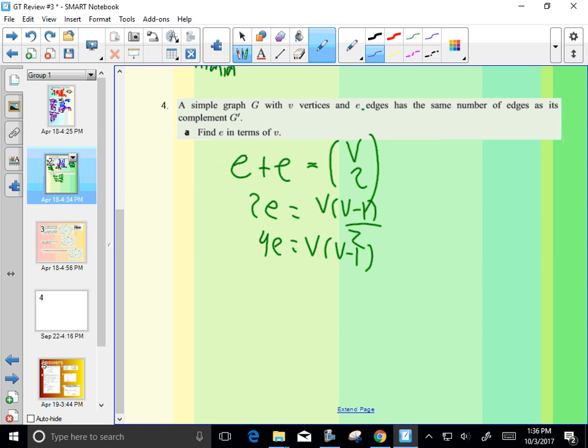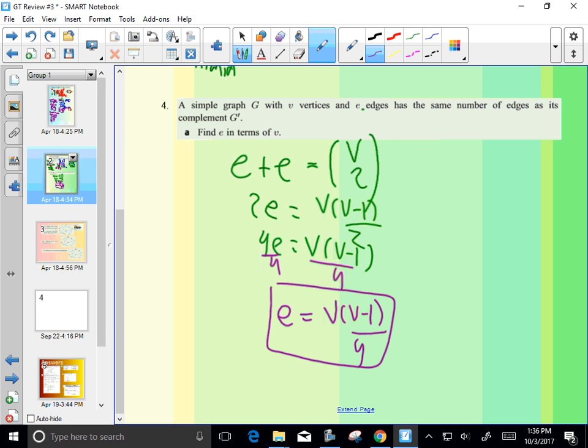And if we're dividing by 4, aren't you looking for E equal to V times V minus 1 over 4? That's the relationship. If the number of edges in the complement equals the number of edges in the graph, it's going to be V times V minus 1 over 4.